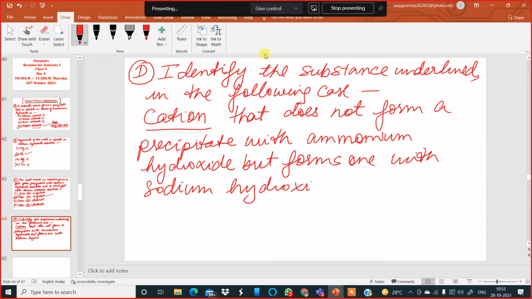This is a very good question. Identify the cation that does not form a precipitate with ammonium hydroxide, but it forms a precipitate with sodium hydroxide.